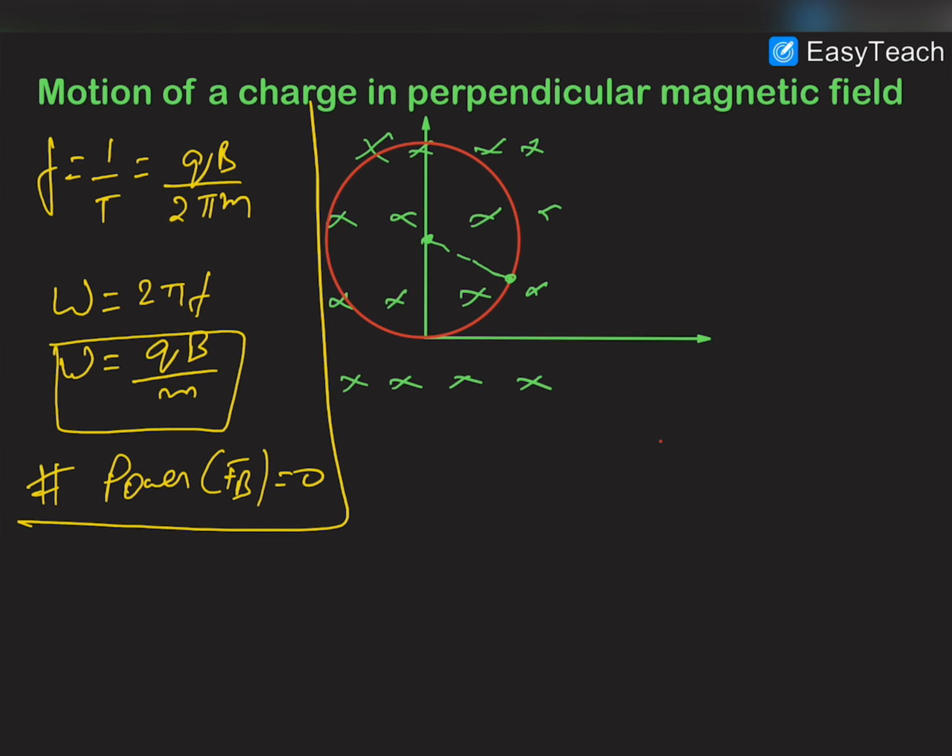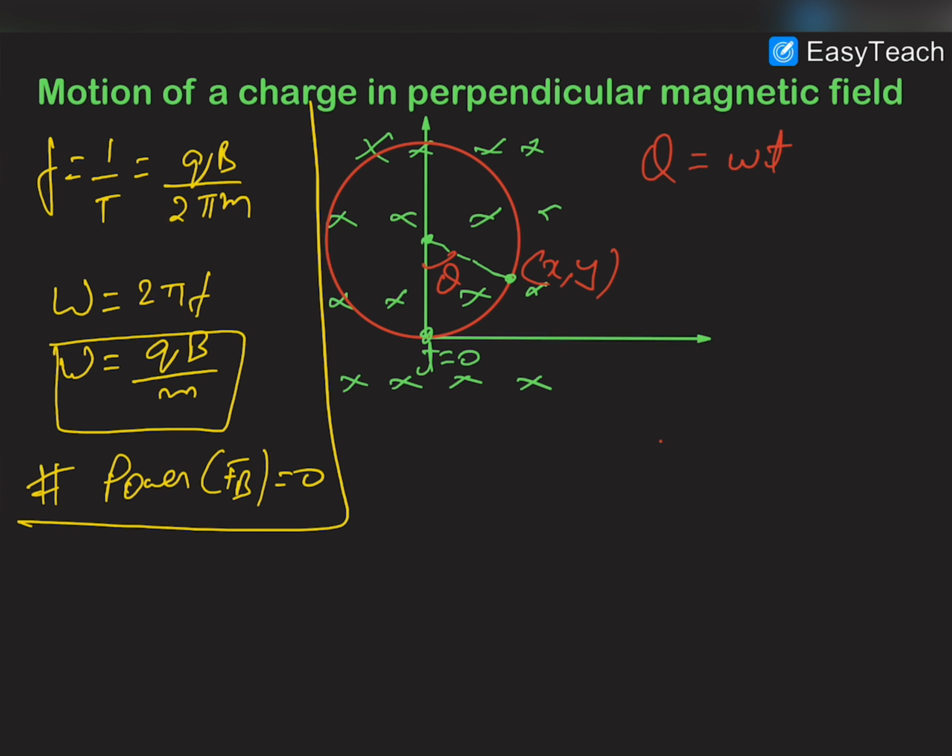Now let us find out the instantaneous coordinates of the particle as a function of time, and also the instantaneous velocity. We know that initially at t equal to 0, the particle started from the origin, or we can say the starting point is assumed as the origin, and at this time the particle has coordinates x, y. If this angle is theta, then obviously theta will be equal to omega t.